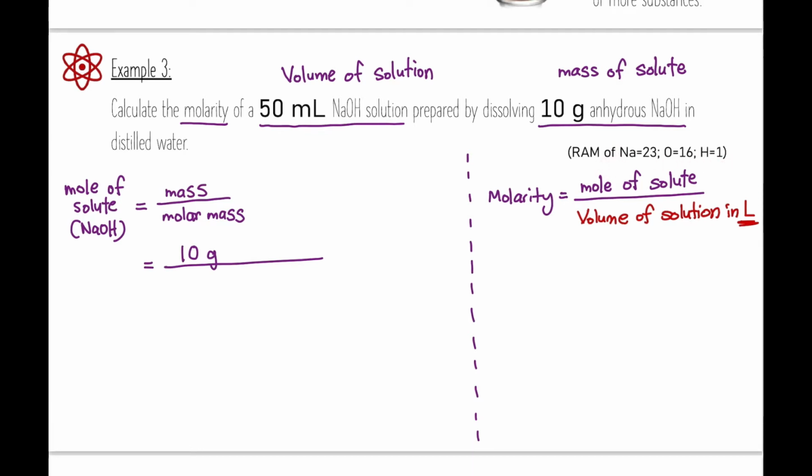So, sodium plus oxygen plus hydrogen. Therefore, the value is 0.25 mole.